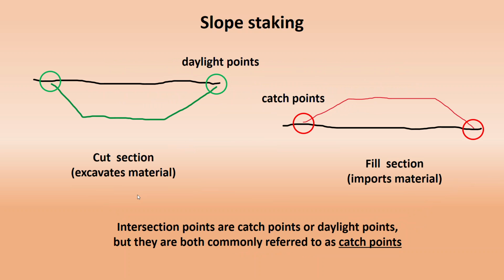When you're excavating and removing material and bringing those slopes up from a design surface to intersect the natural ground, those would be called daylight points. It's where your design surface is daylighting and finding the ground. But you're going to hear me, you're going to hear everybody just call them all catch points. Where does your design catch your existing?